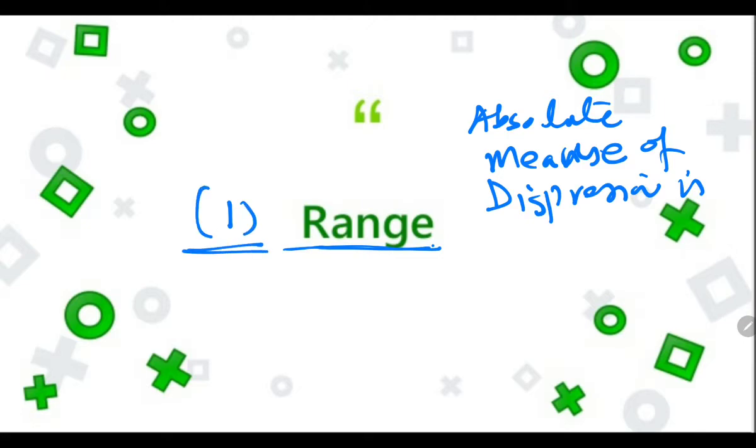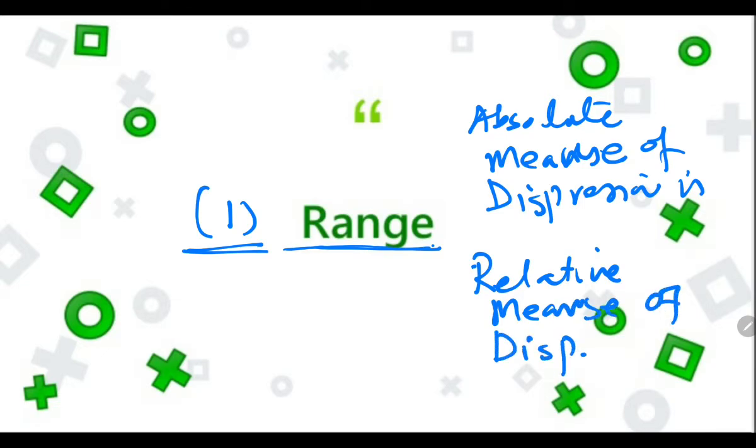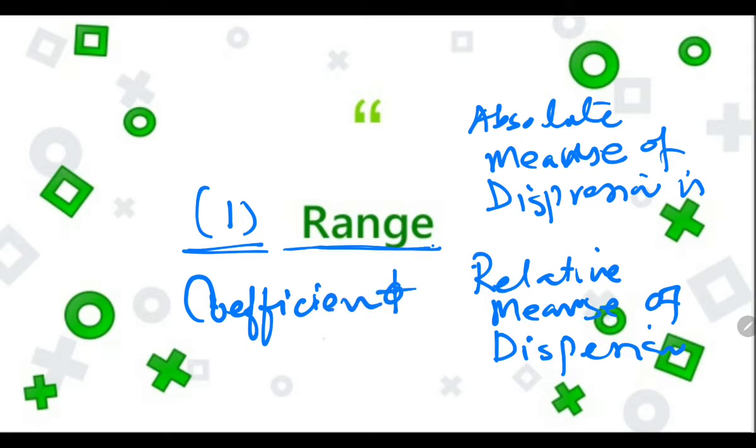This is the first type. And when we have to calculate the relative measure of dispersion, we say it coefficient of range.